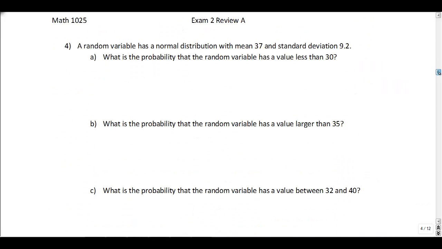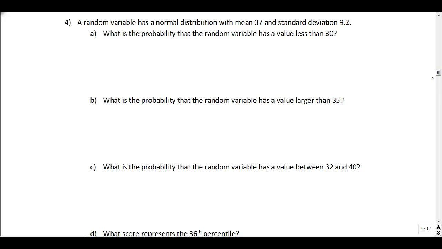Next bit. This says a random variable has a normal distribution with mean 37 and standard deviation 9.2. What is the probability the random variable has a value less than 30? Again, we can do this by hand. If we want to do this by hand, we want to convert our scores to z-scores. The mean is 37, so mu is 37.